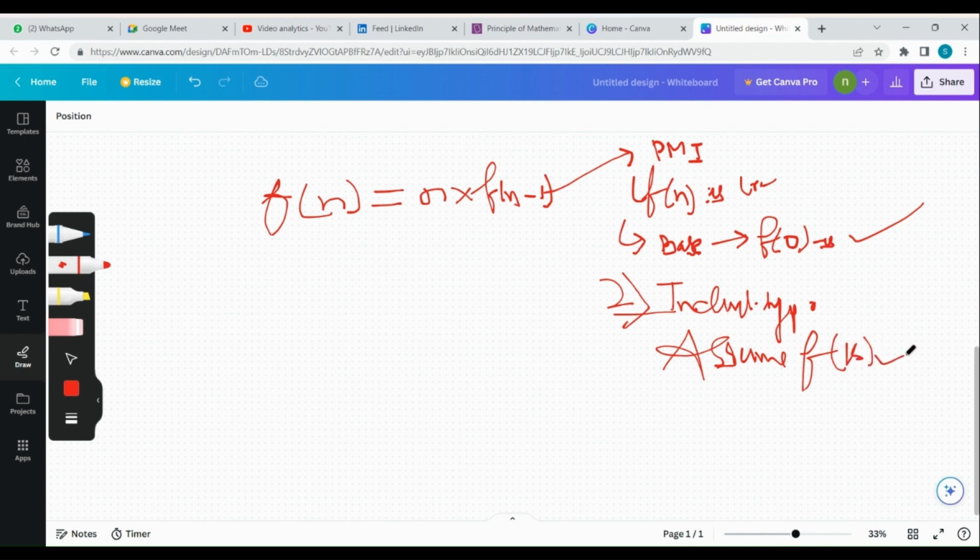The next step is the induction step, where we have to prove that f of k plus 1 is true, right? So if somehow we prove that f of k plus 1 is true, we can say that f of n is true. This is what PMI, the principle of mathematical induction, tells us.